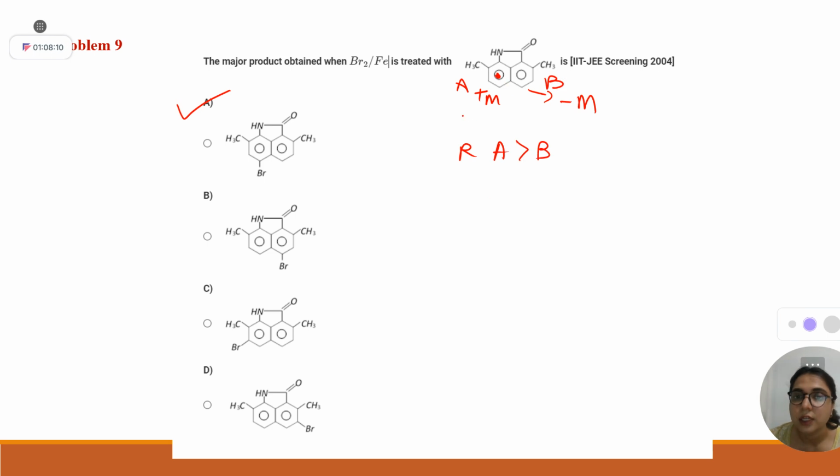Now, this NH is an ortho-para-directing group, so obviously it will invite the incoming electrophile at the para position. So option number A is correct. Now tell me, is anyone having doubt?